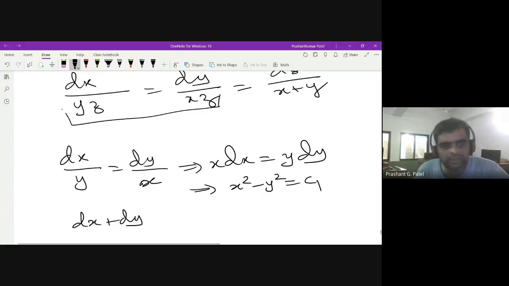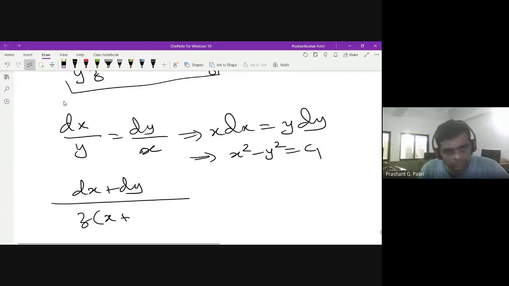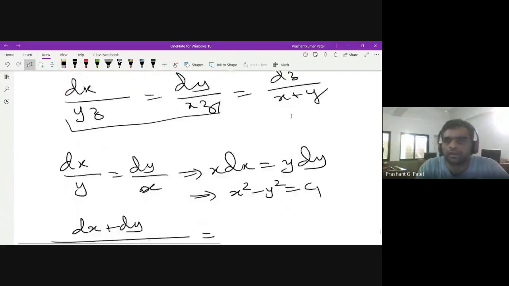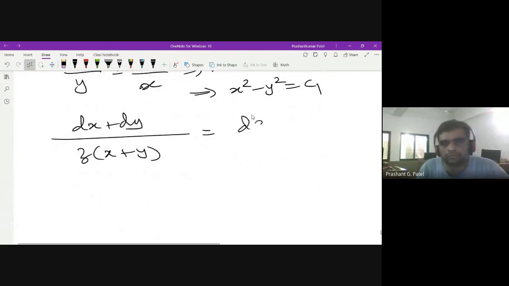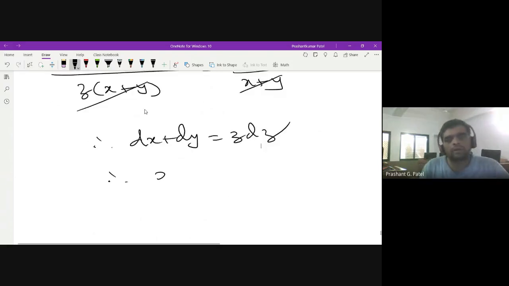Z is common out from the denominator, z into x plus y you will have, and on the other side you have x plus y. So this x plus y gets cancelled. So finally you will have dx plus dy equal to z into dz. If you integrate this one, you will have x plus y equal to z square plus c2.